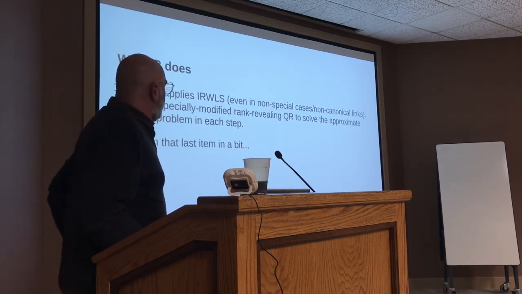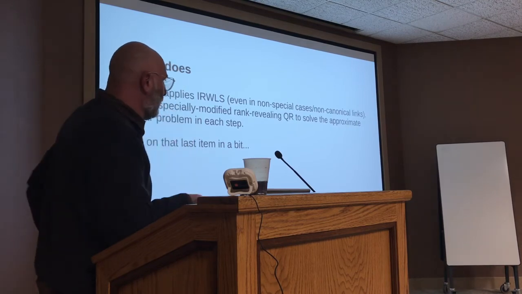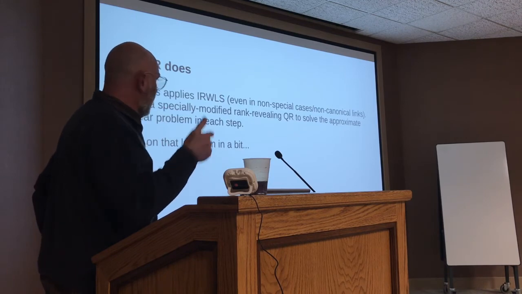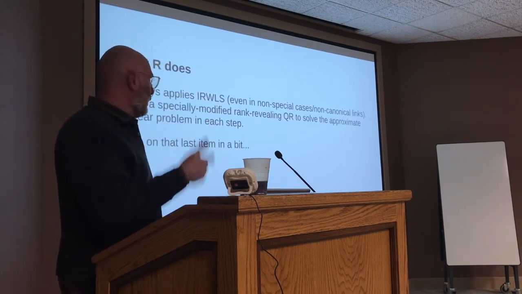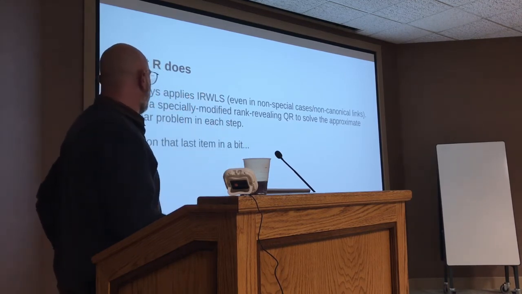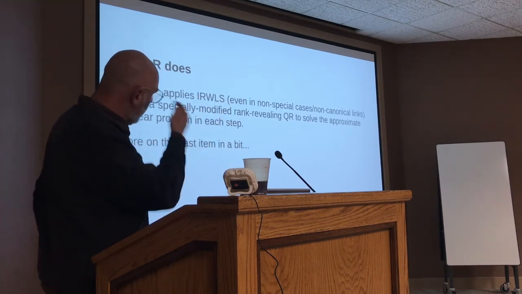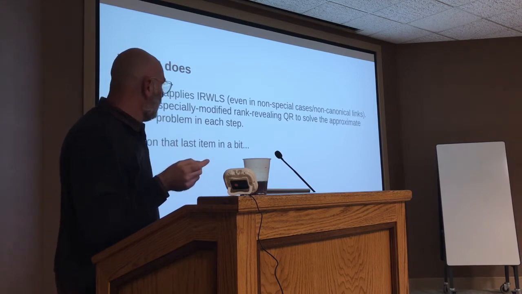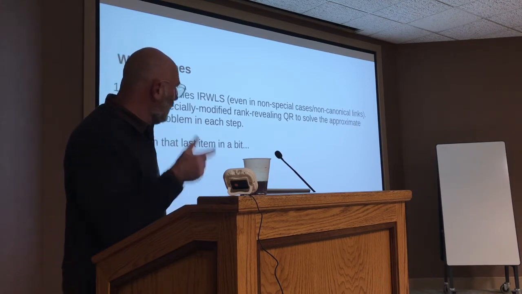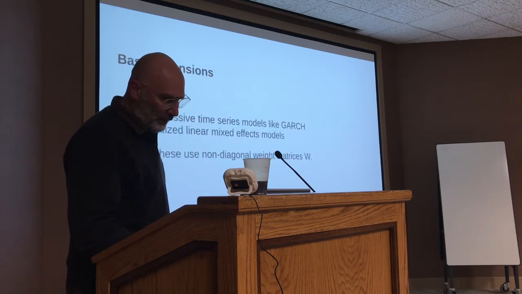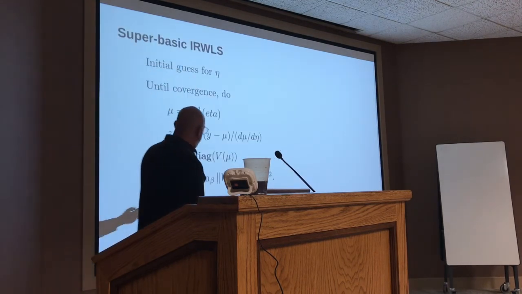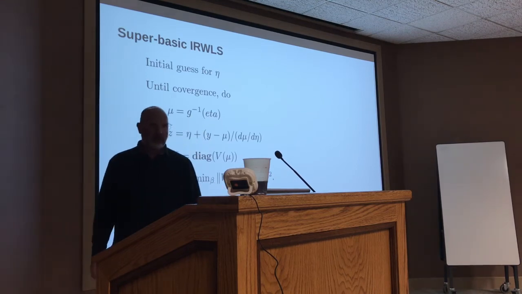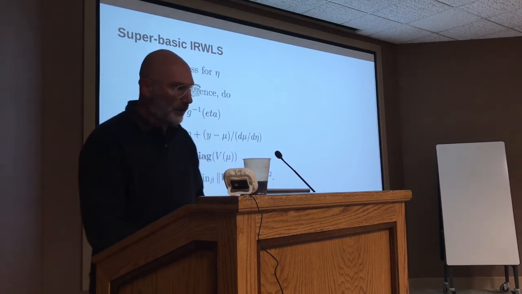Okay, so what does R do? You can go into the stats package, look at the glm function, and see that it has clearly marked inside the function the iteratively reweighted least squares loop, and it's very similar to that loop we just saw, with the exception that inside of each iteration, they solve this problem with a bespoke QR decomposition written in 1994 by Ross Ihaka.